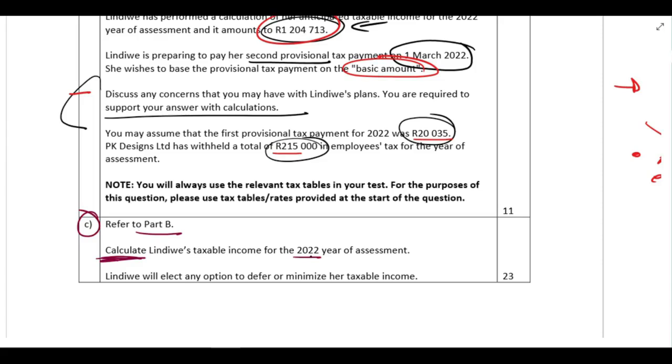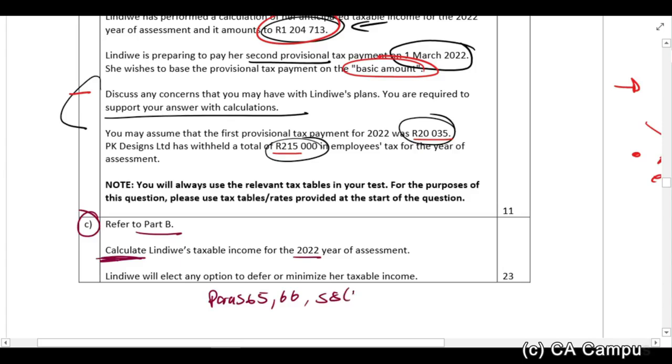decrease her tax. So if you think about it, there are several sections in the Act, like for example paragraphs 65 and 66. Together with that goes section 84E. There's things like section 11O, the scrapping loss, and even things like section 13.3.